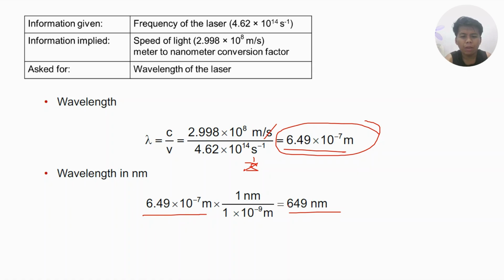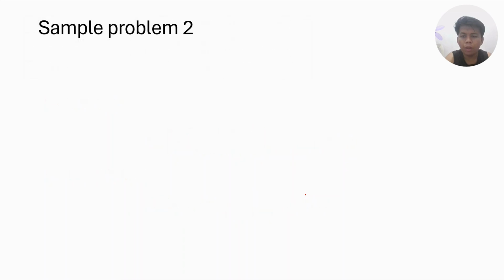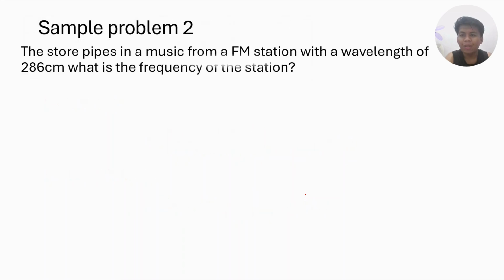Just take note of that. The units cancel out, then you can divide, and we now have 649 nanometers. I hope that is very clear to you. So let's move on to our sample problem 2.